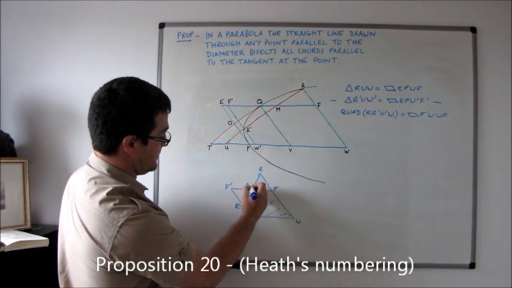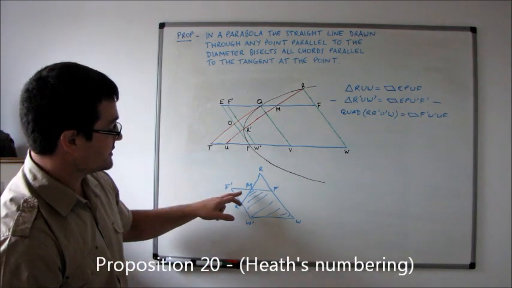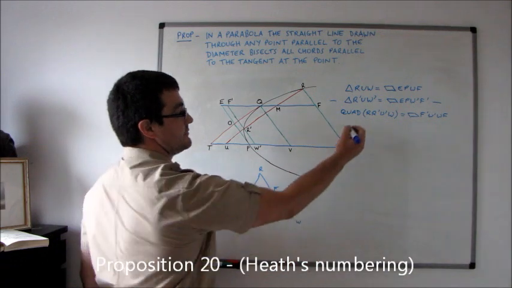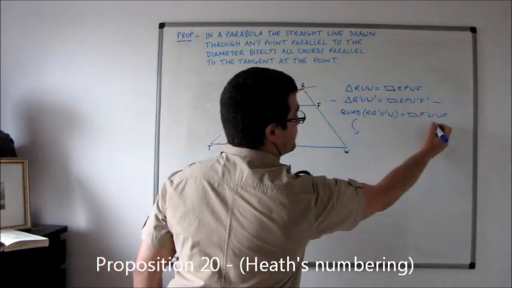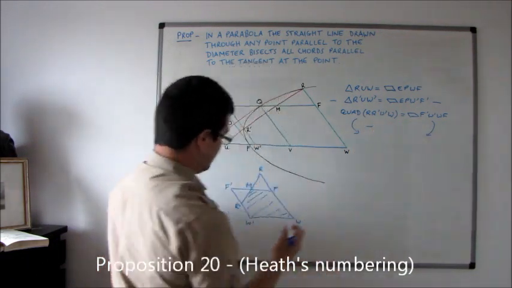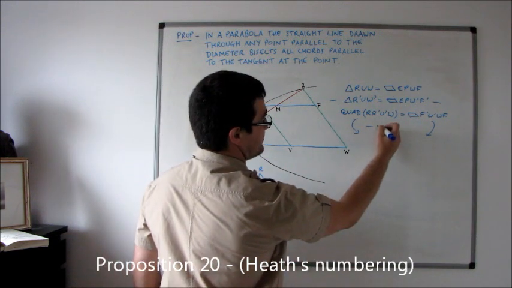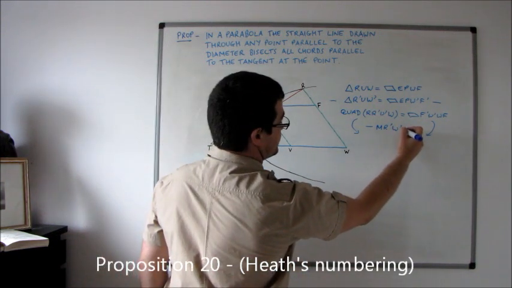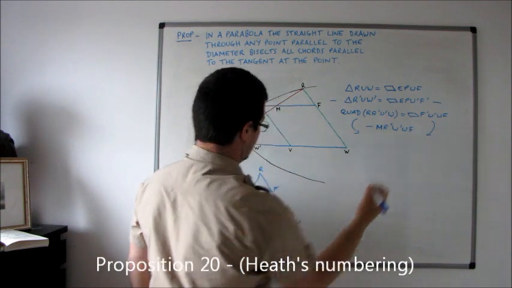Okay, that's M. So I'm going to subtract this common area from both of these. So that would be this shape M R primed, W primed, WF.